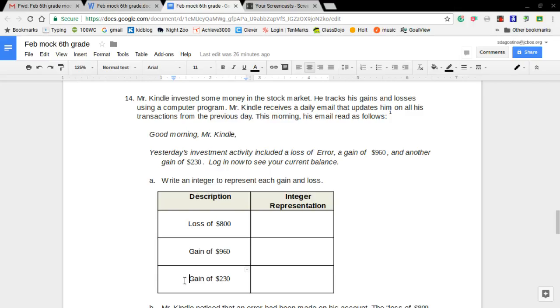Gain of $230. Boys and girls, please note up here, yesterday's investment activity included a loss of $800, it should say here. Okay, write an integer to represent each of these. Loss of 800, gain of 960, gain of 230.